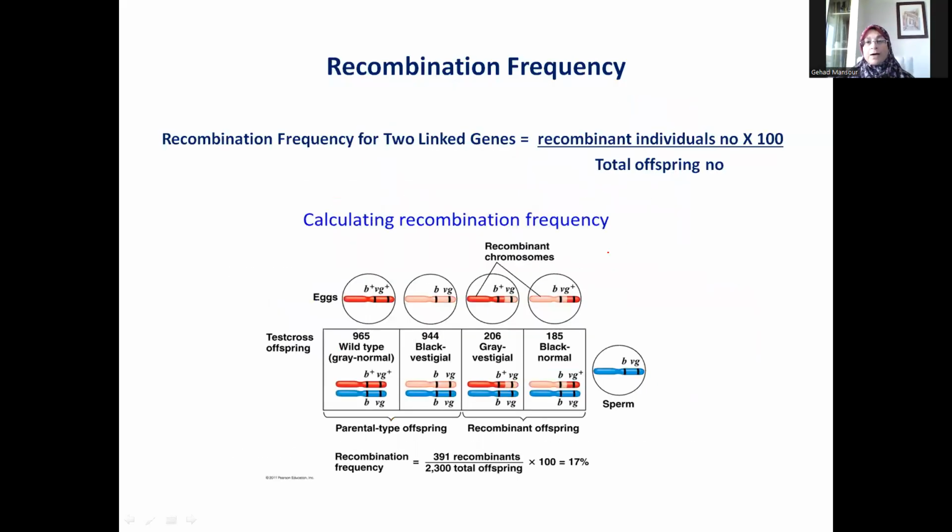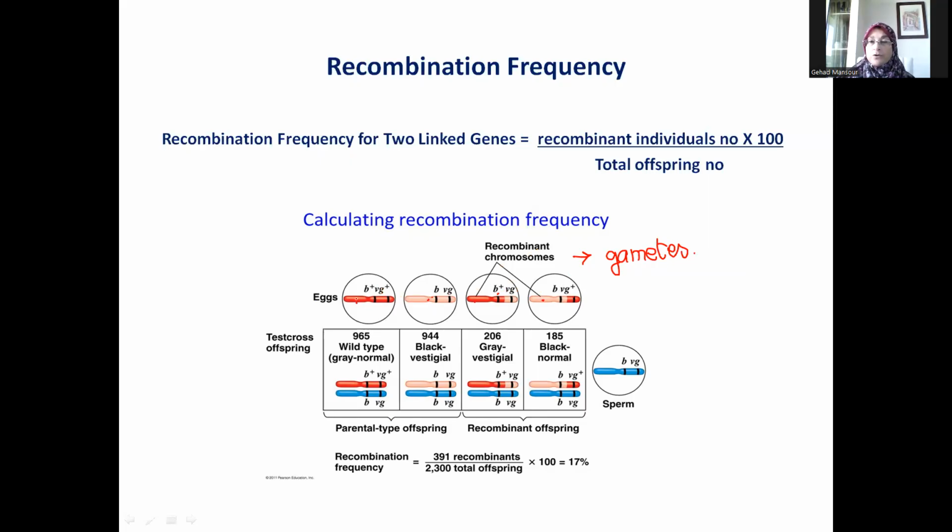Now, here we have the results of a genetic experiment. Here, as we did before, we have 2 recombinant gametes and 2 non-recombinant gametes. Because here we have recombinant chromosomes, they would result in recombinant gametes.